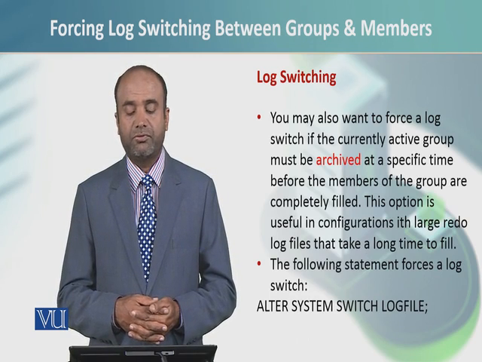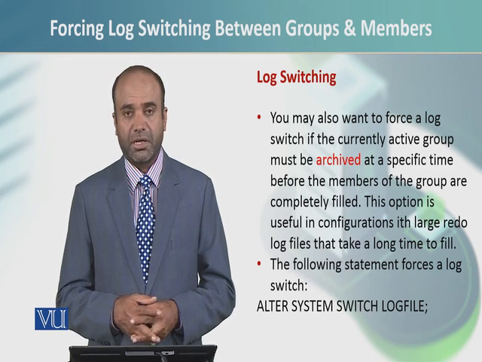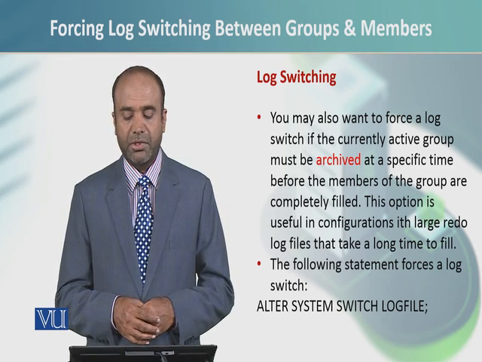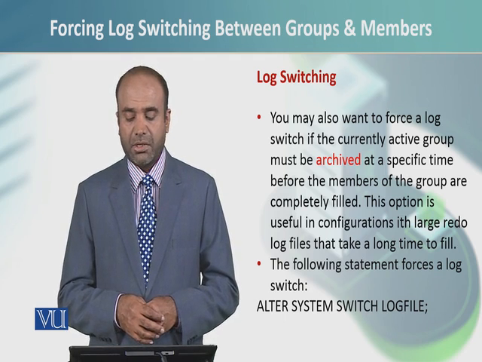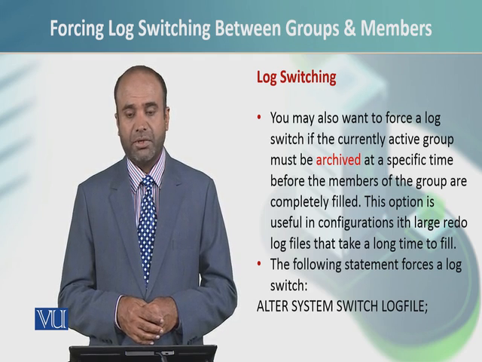You may also want to force a log switch if the current active group must be archived at a particular time before the members of the group are completely filled. This option is useful in configurations with large redo log files that take a long time to fill up.